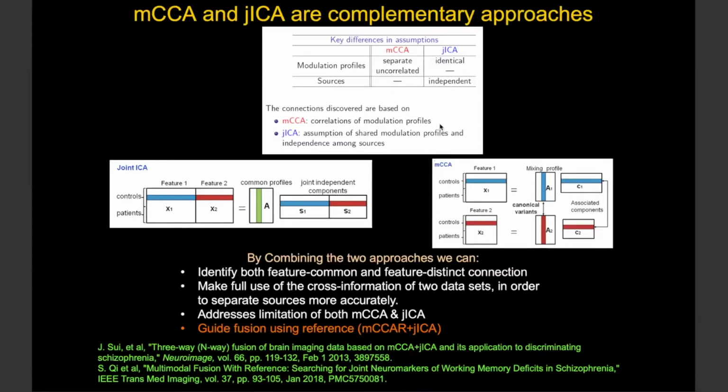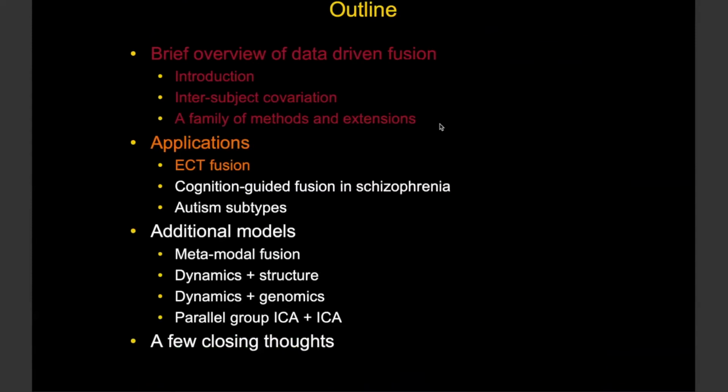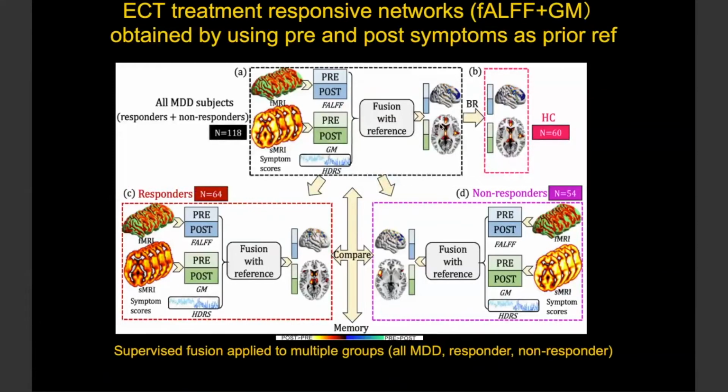And I'll start with an ECT study. So this is some work by Jing Sui and Chris Abbott. So we basically have about 120 individuals who've had MRI scans pre and post ECT. These folks have major depression, and we have an fMRI data set and a structural MRI data set.